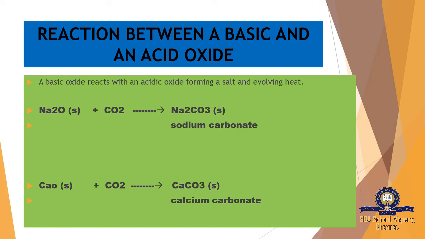Then calcium oxide reacts with carbon dioxide to form calcium carbonate. It is also a salt. So both the acidic and basic oxides combine together forming a salt, and it is producing heat also. So we can call this reaction an exothermic reaction.